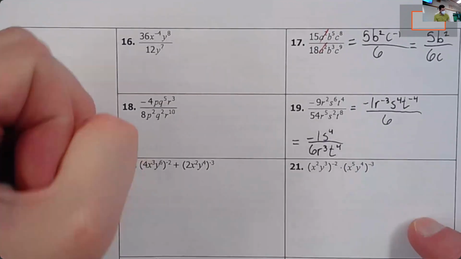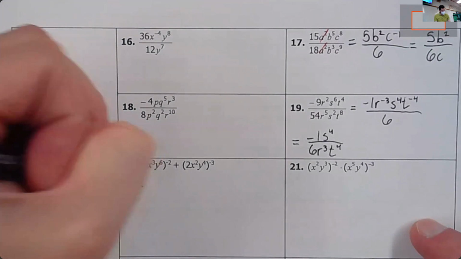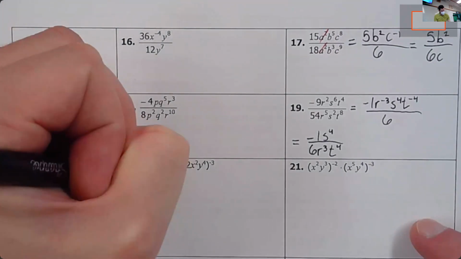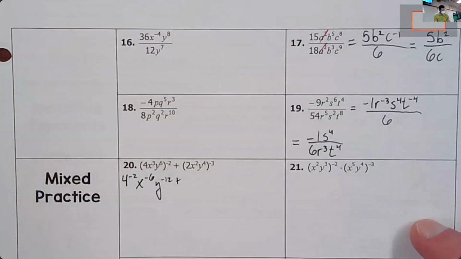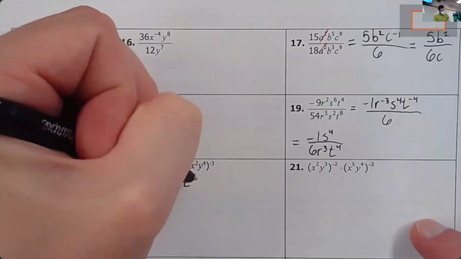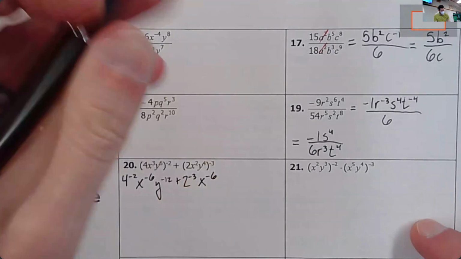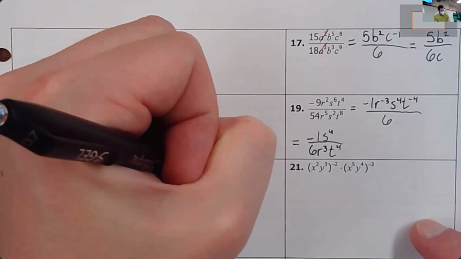So I'm just going to do that. I'll say 4 to the -2, and then x to the -6, and y to the -12, plus that would be 2 to the -3 power, x to the -6 power, and then y to the -12th power.